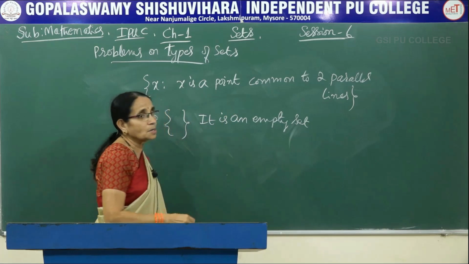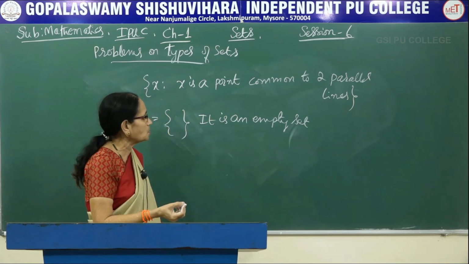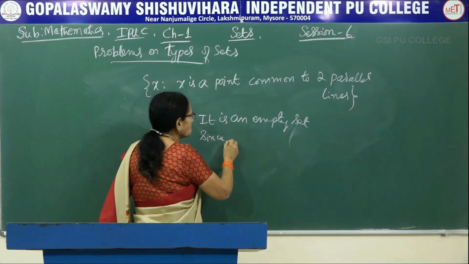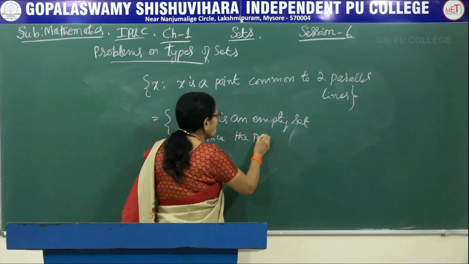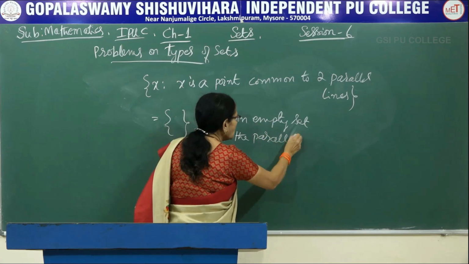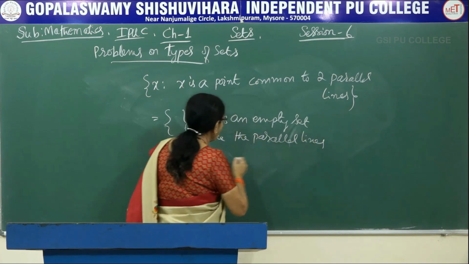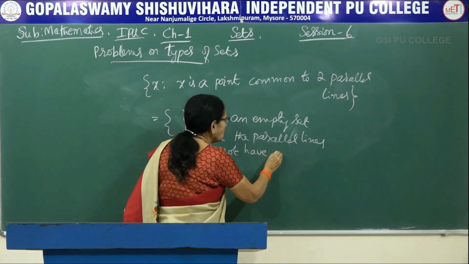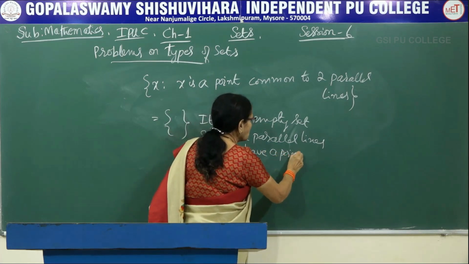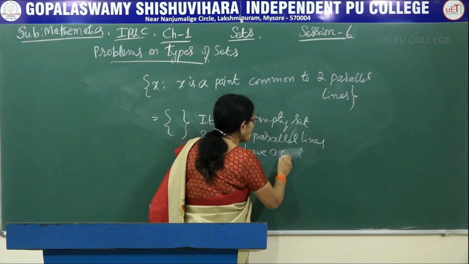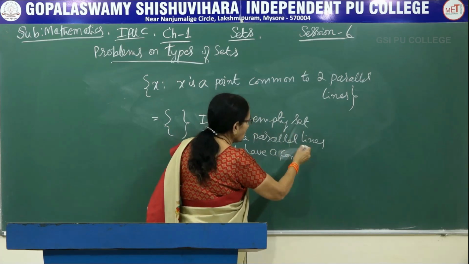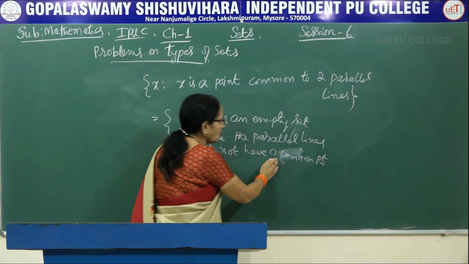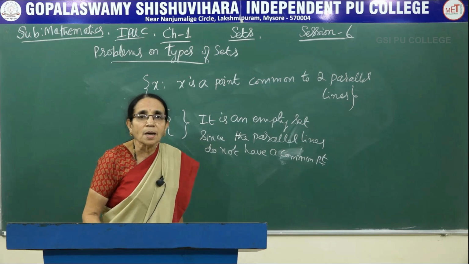But you have to give the reason why it is an empty set or a null set. Since the parallel lines do not have a common point. You can write a point common to both the lines, or you can write the parallel lines do not intersect.